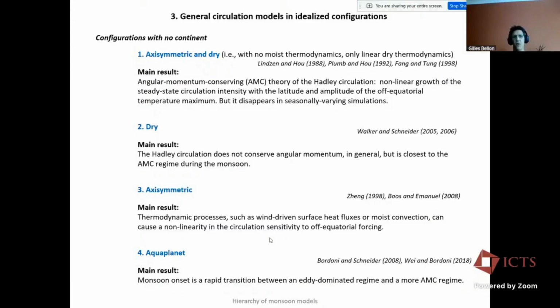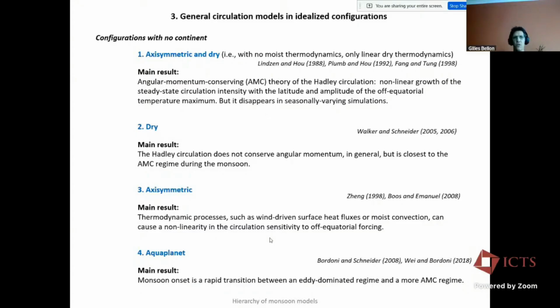But instead of having all the thermodynamics, we just have a relaxation of the temperature towards sort of equilibrium profile. That's what we have in Held and Hou, for example, or subsequent work that address more the monsoon, like Leibniz and Hou, Plumb and Hou, etc., etc.